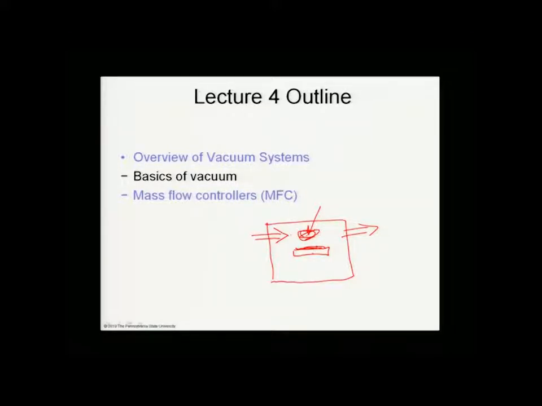So gas flow is often encountered in vacuum systems. We have the flow of the gas in, and we want to control that. Then we have the flow of the gases out, and we want to control that. So that means that we often need to use mass flow controllers, MFCs.